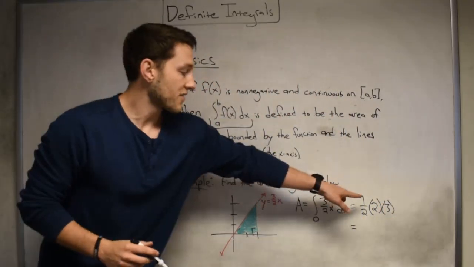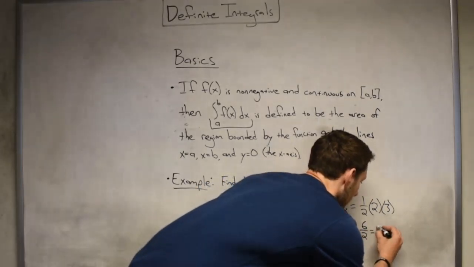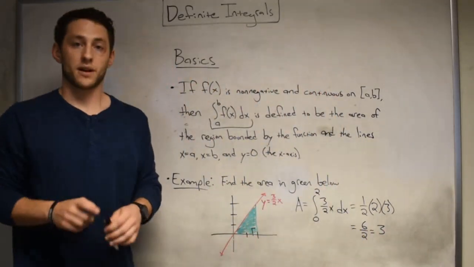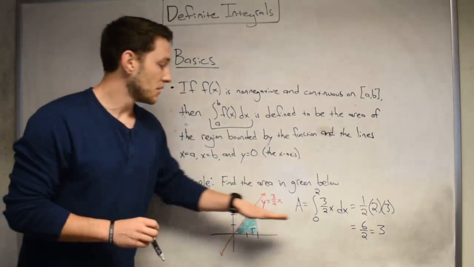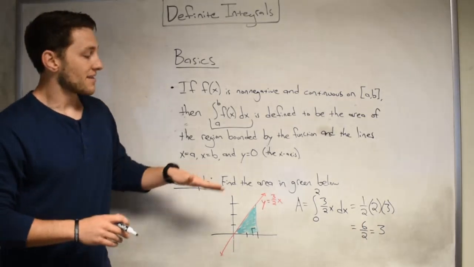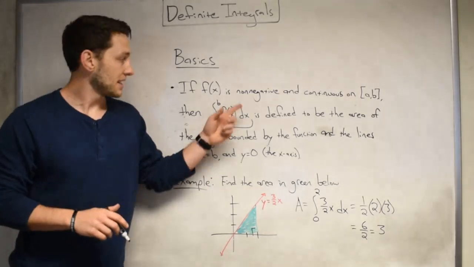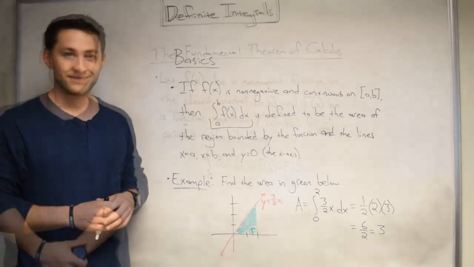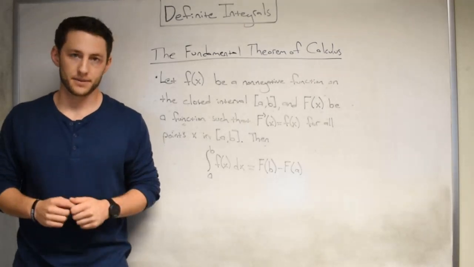This gives an answer of 6/2, or 3 units squared. We'll actually get into how to evaluate this integral and what it actually means, but right away, what we should understand this as is the area trapped by this region described, so long as f is continuous and non-negative.